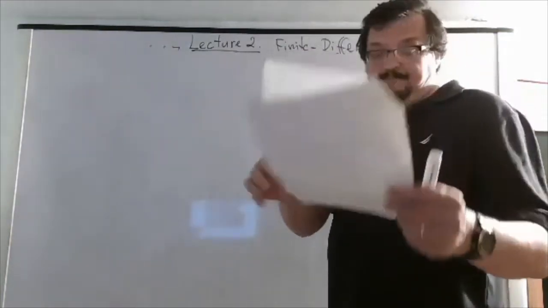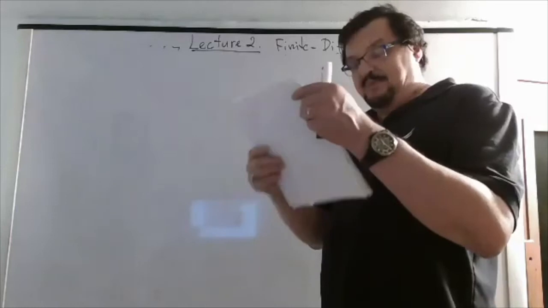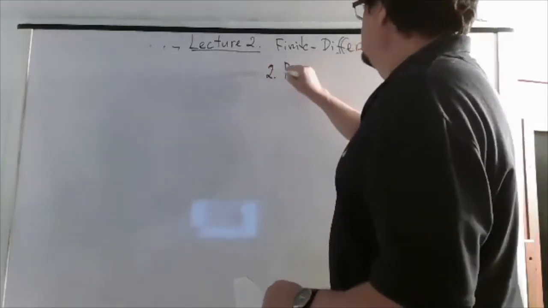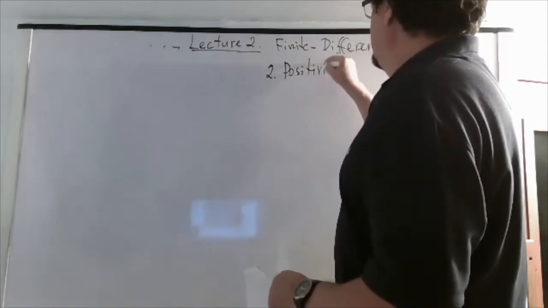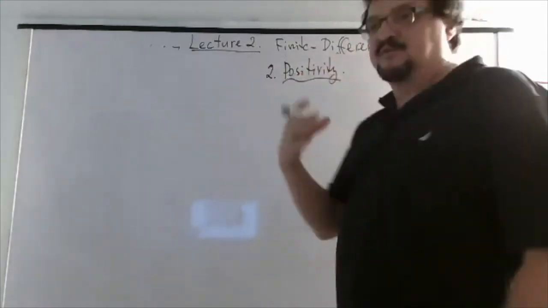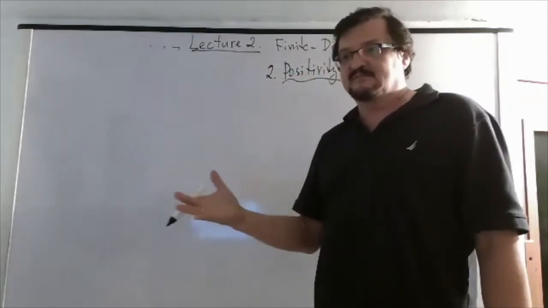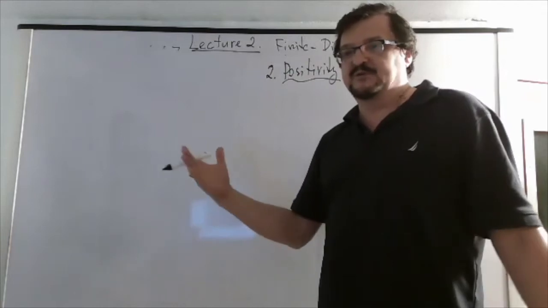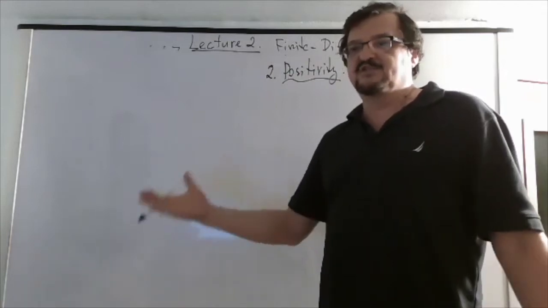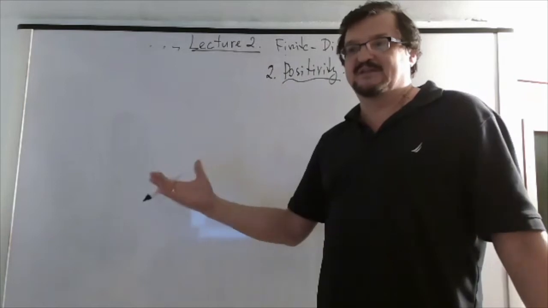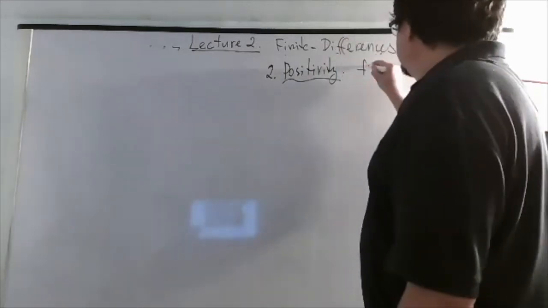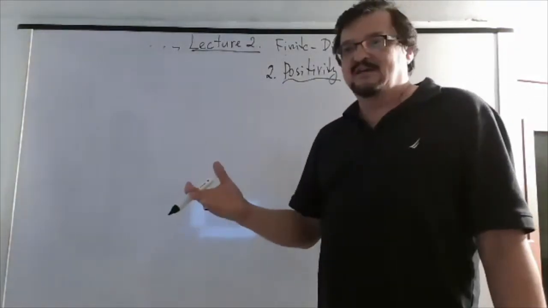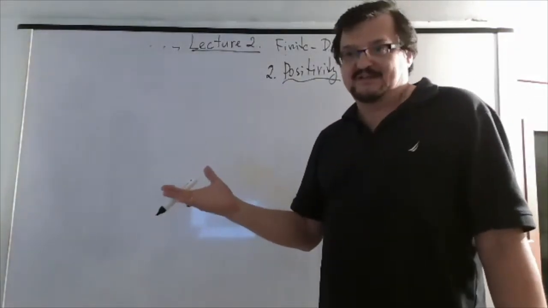Okay, so the next property is positivity, for example. And this is very simple. If your quantity is inherently, physically positive, like water vapor content, or concentration of cloud droplets, then when you do something to it with your numerics, it should stay positive, at least.